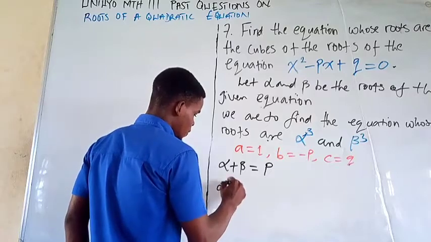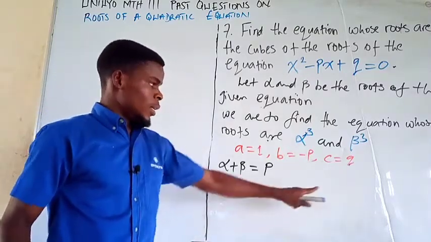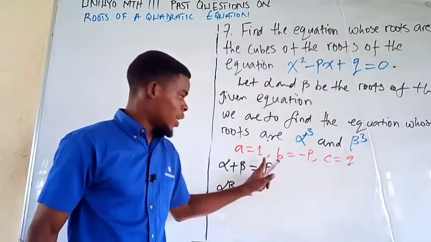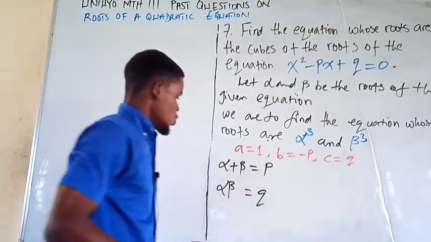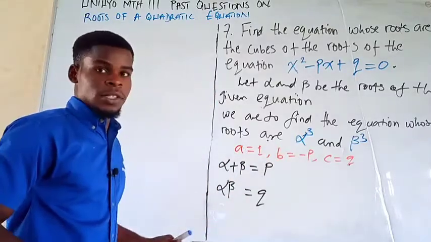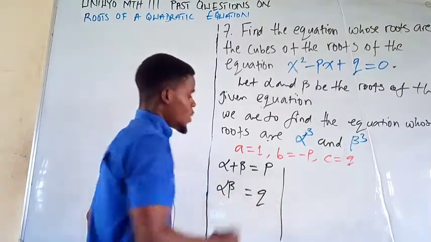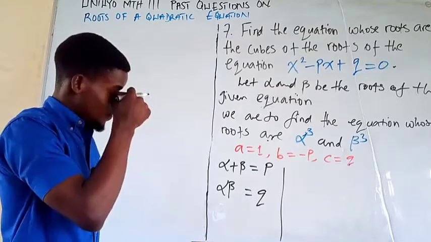And their product, alpha times beta, is C over A. So C is just Q. Q over A, A is 1, so it's Q over 1, which is just Q. So we see that the sum is P and the product is just Q. Okay. Now we have to find the equation whose roots are alpha cubed and beta cubed.